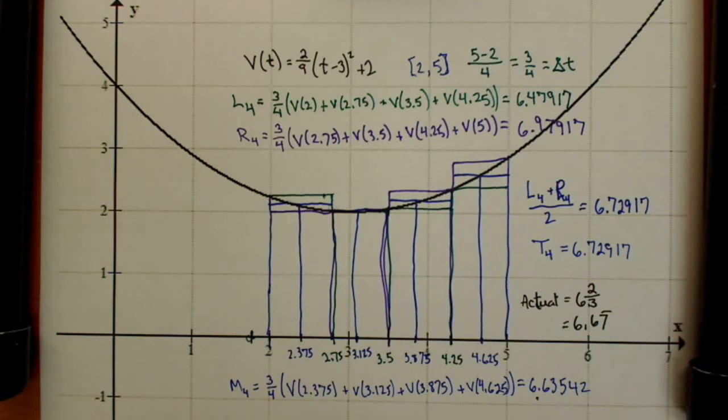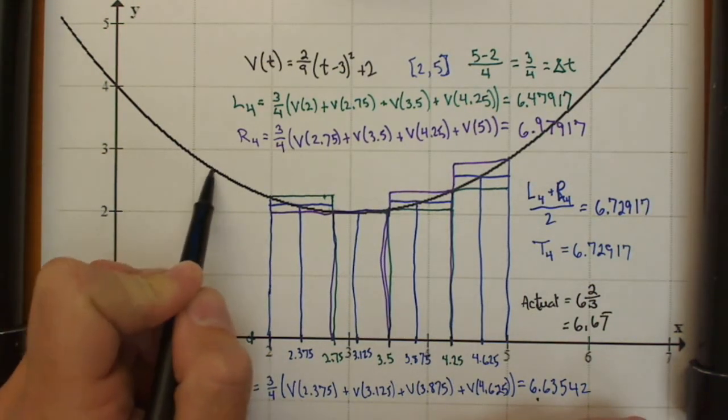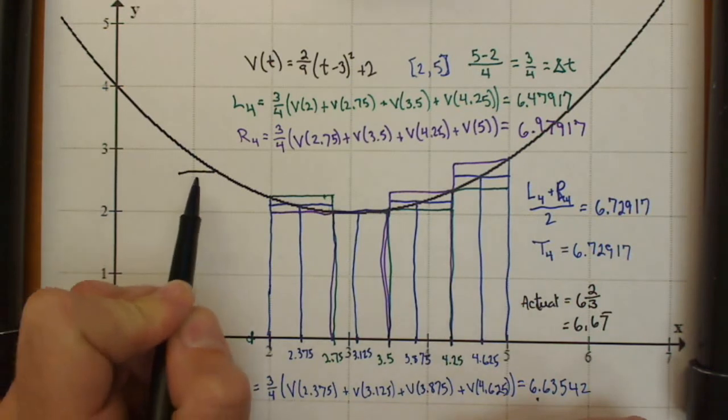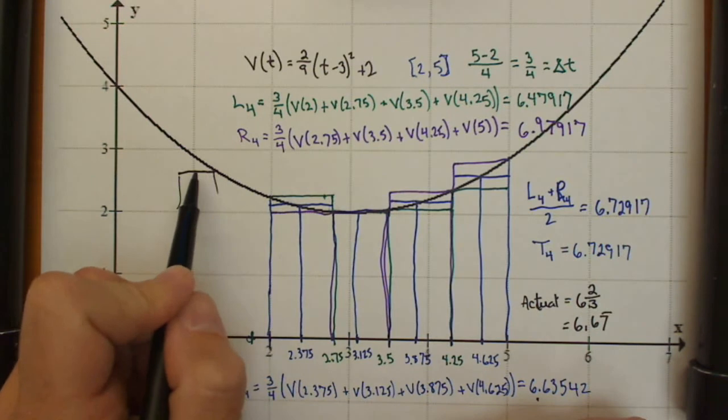Finally, one other thing to bring up is what we can tell about when things will be an overestimate or an underestimate, particularly the left-hand rule and the right-hand rule. If you look at the way our rectangles sit, if we make a corner here and we use a right-hand rule, notice if the function is decreasing, our rectangle will sit underneath.